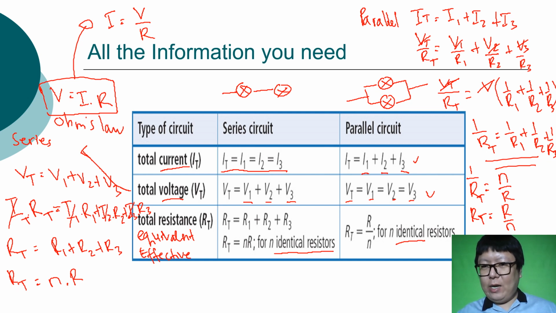I have seen a lot of students forget this, and then of course your calculation will be wrong. So don't forget, you have to change 1 per RT to RT by turning upside down the N and R, I mean, to become R per N.